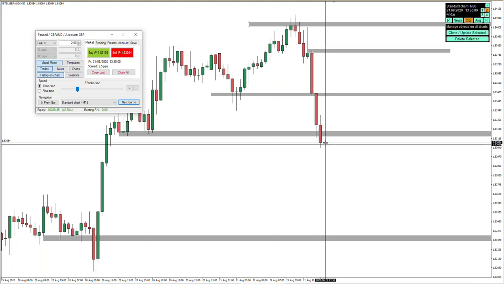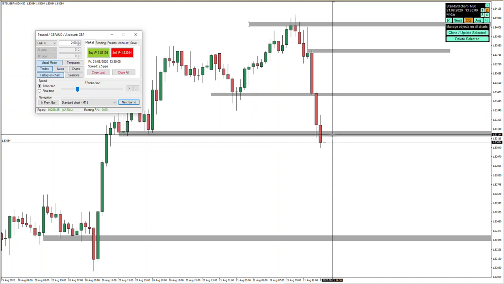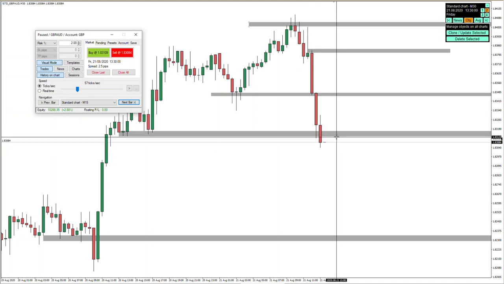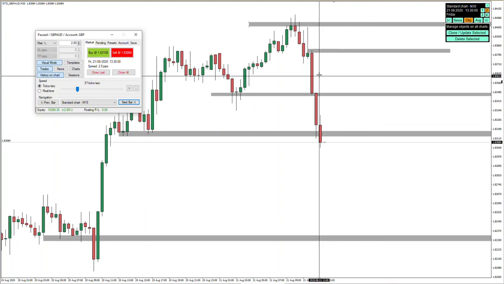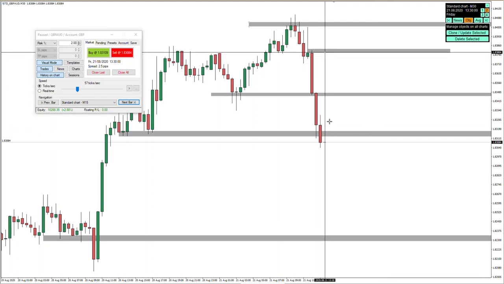I want to see support formed, then resistance, then the break of the support to go down. That's because we already had a 70 pip move, so there should be some sort of retracement.